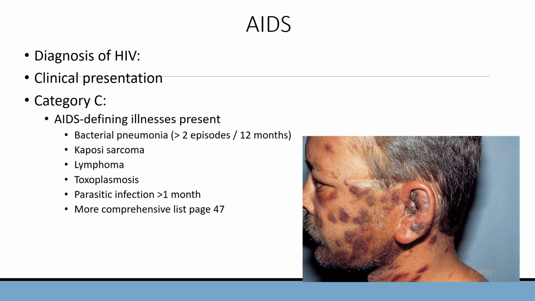Well, not of the lymph nodes themselves, but of the cells, the lymphocytes in the lymph nodes. Toxoplasmosis, which is an infection, and so you're susceptible now to infections. We can see parasitic infections lasting longer because now your immune system is compromised.